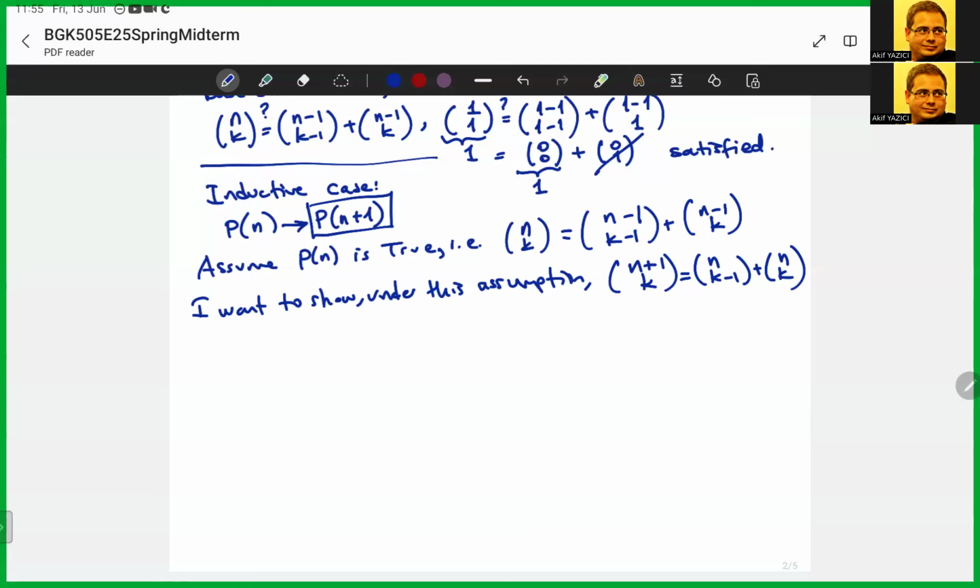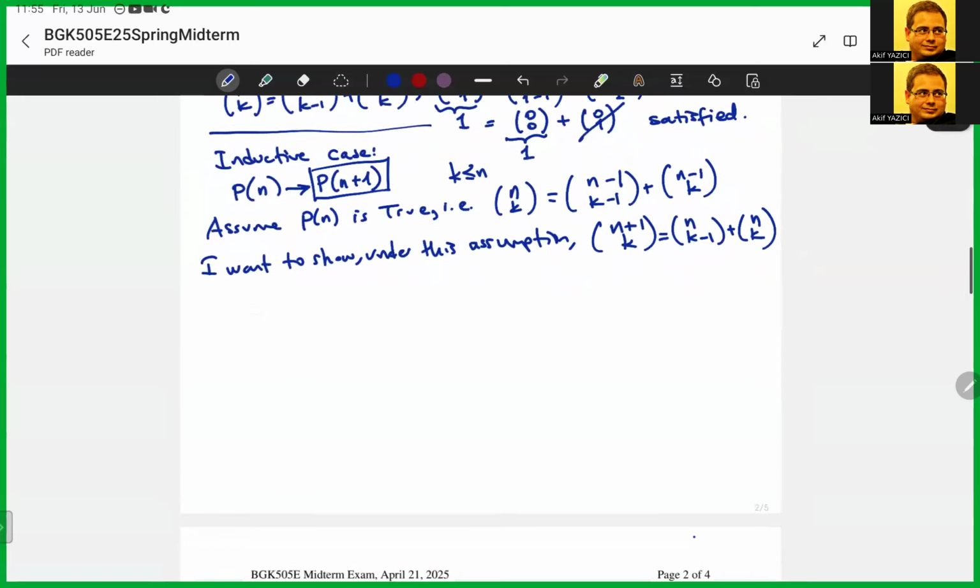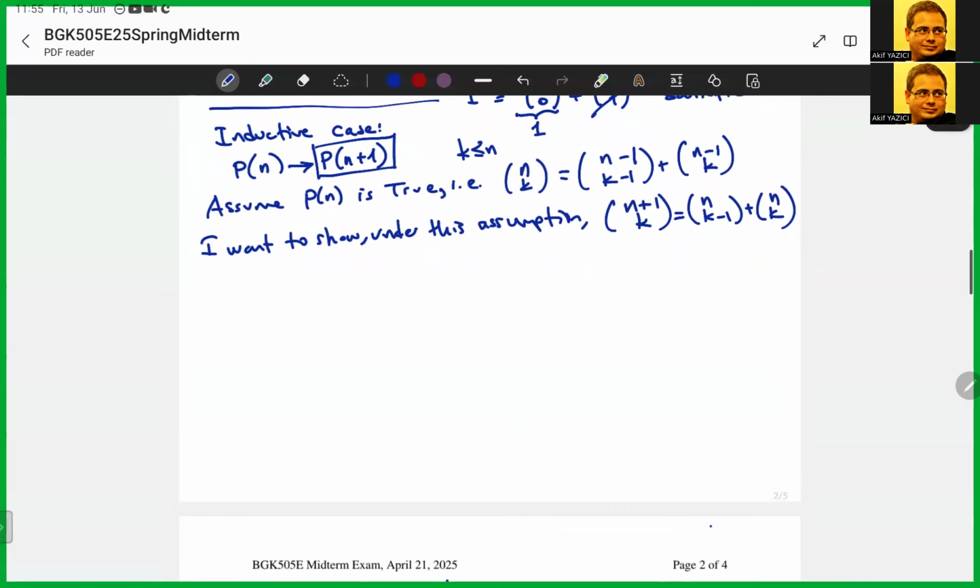Okay, and by the way, this is for all k less than or equal to n. Let's also not forget that. I have to make use of my assumption. That is the heart of this proof. So this, I want to make use of, okay?